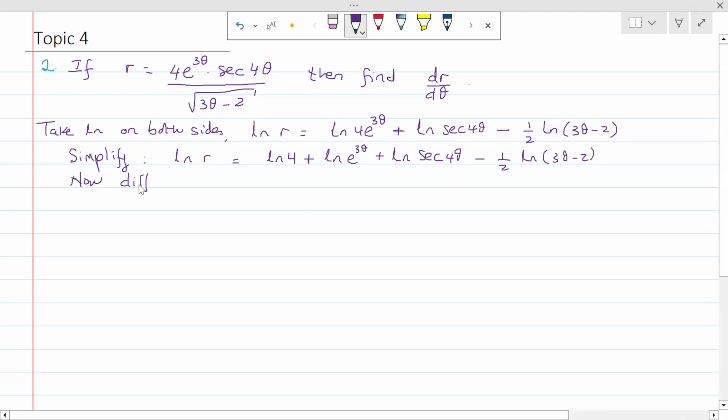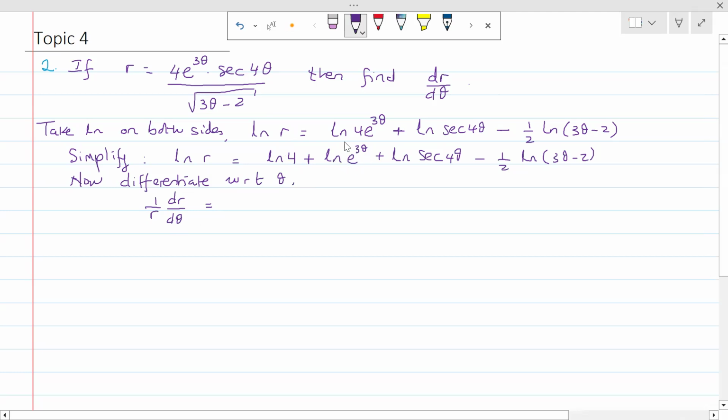Now, differentiate with respect to θ. This one will always become 1 over r dr by dθ equals this one now. ln 4 is a constant, this becomes 0.